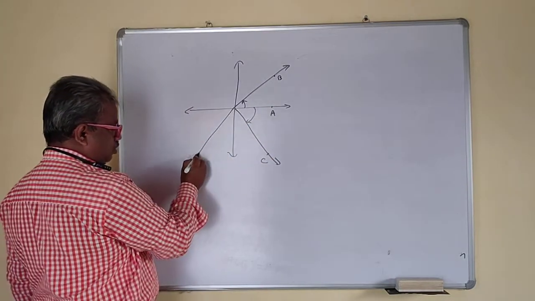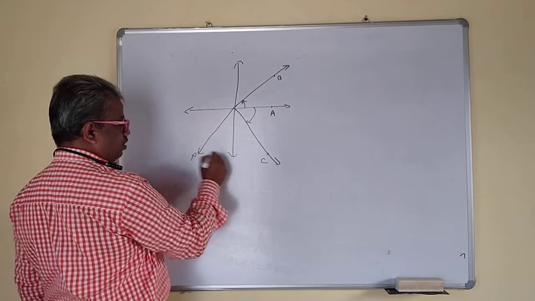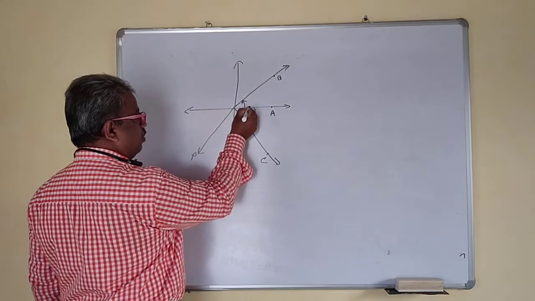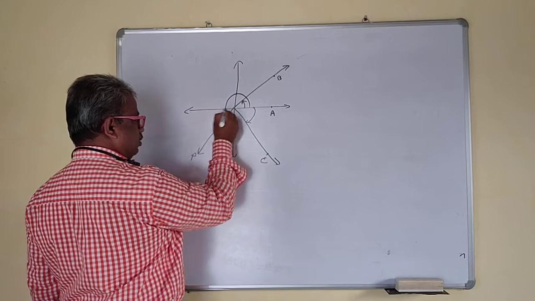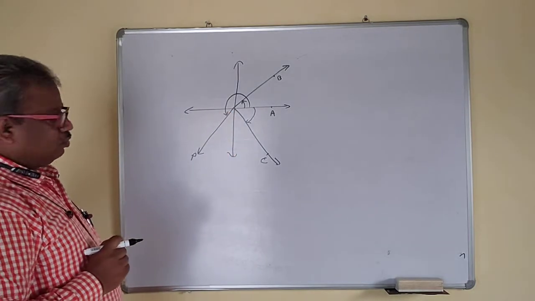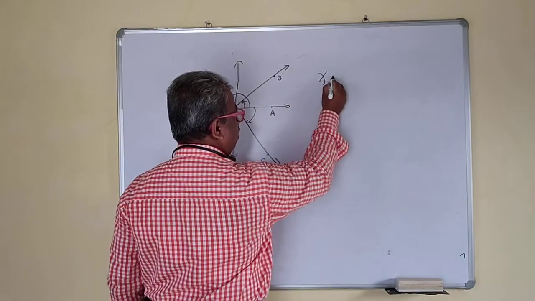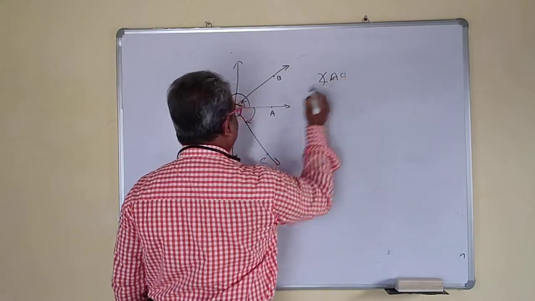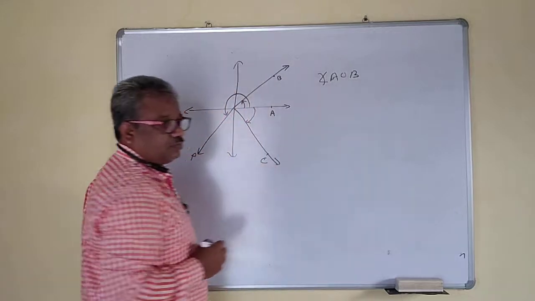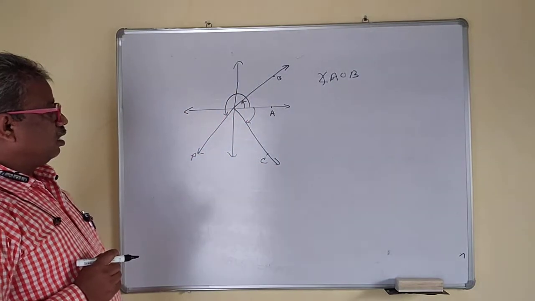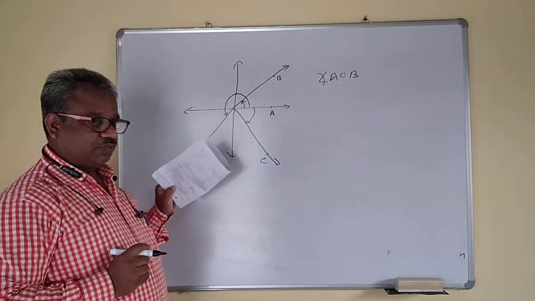Suppose this is A, suppose this is P, and the measurement is like this. So which are the directed angles here? Directed angle AOB, okay, is the angle in standard position.